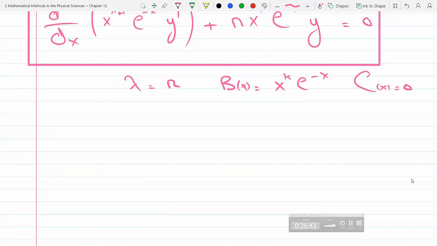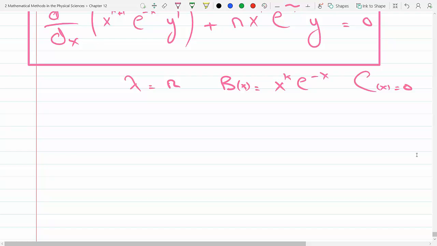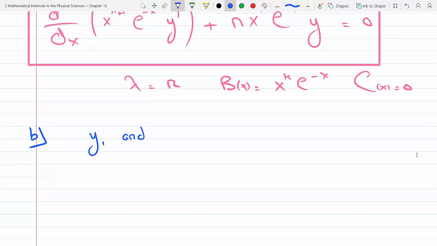So let's do that. y1 and y2 are solutions of the Sturm-Liouville equation.